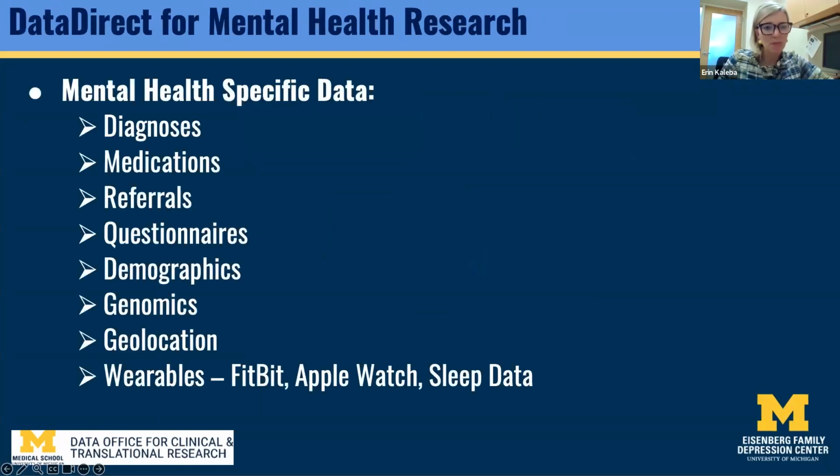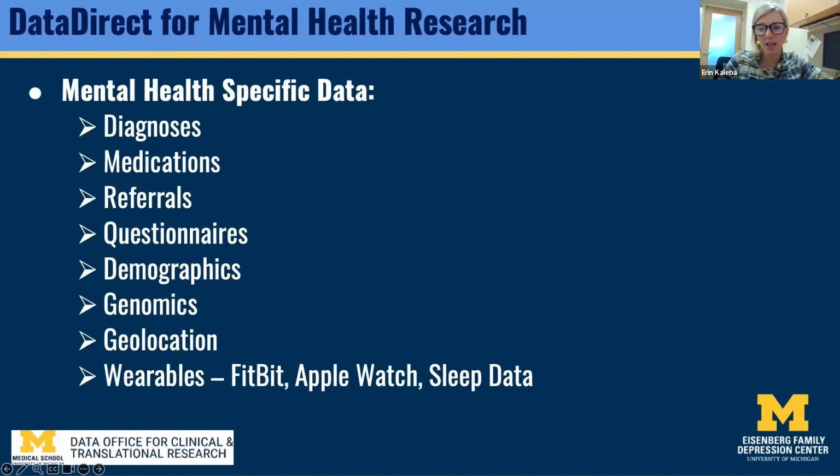So think about mental health specific data not being just diagnoses and medications for mental health, referral for support services, but also a lot of questionnaires. We have PHQ-9, GAD. We have several other questionnaires that get at a patient's health and wellness, mentally and physically.